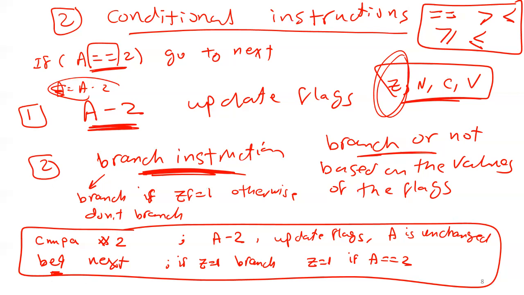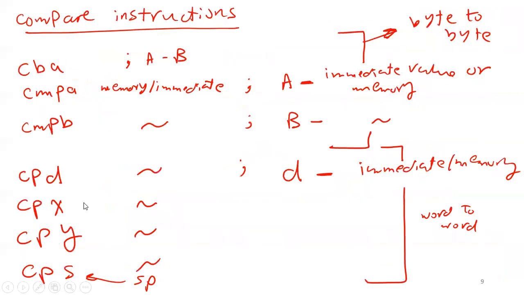Okay, guys, any question here before I move forward? Okay, so let's teach the compare instruction. That's all we have for compare. So here I'm going to say compare A to B. This one is going to be A minus B. We also have compare A to an immediate value or memory location.